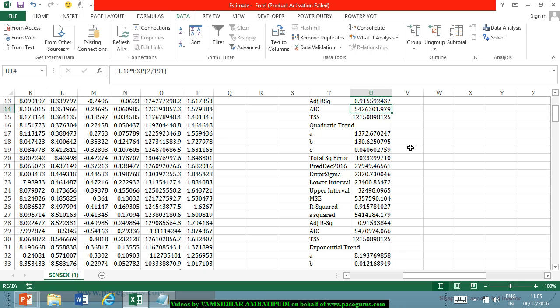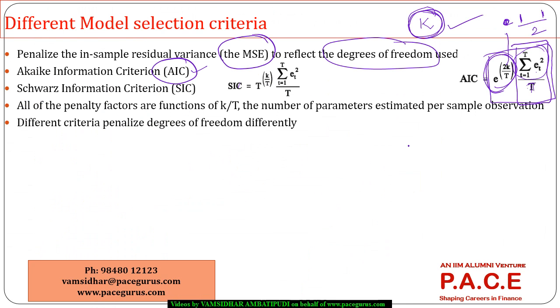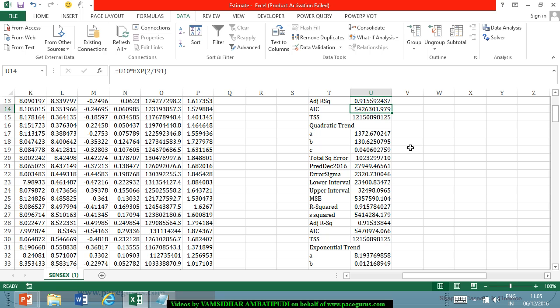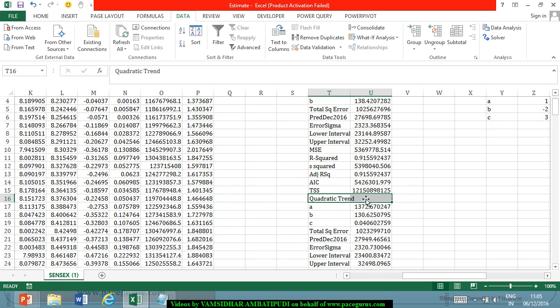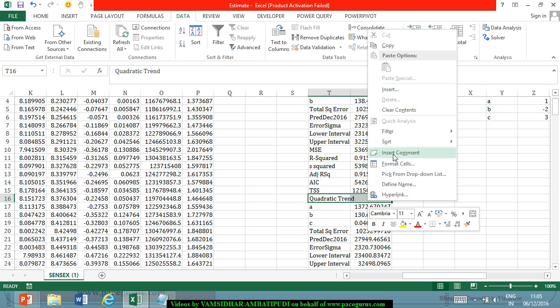So again I could see that the AIC is lesser in case of the linear trend compared to the quadratic trend. So even going with the AIC, I see that the linear trend is much more appropriate compared to a quadratic trend.